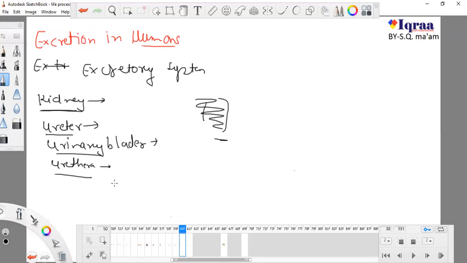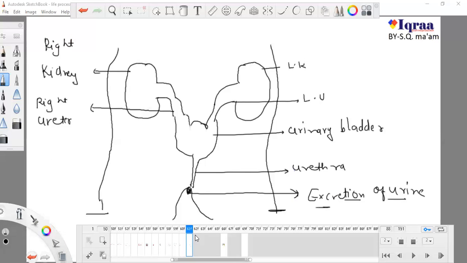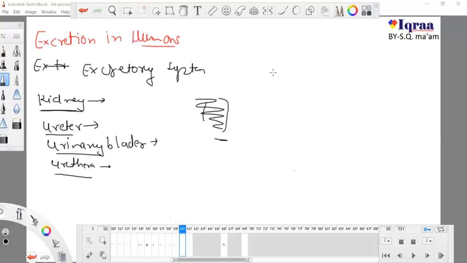Okay, so now we are going to learn about the functions of the kidney. Before we study the functions of the kidney, let me tell you what kidneys actually excrete. Kidneys remove from our body nitrogenous waste.